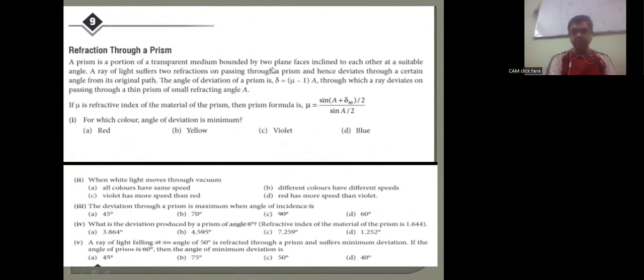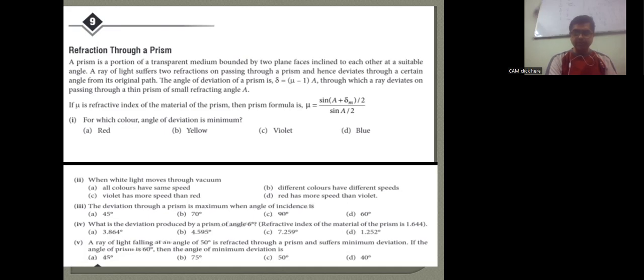Now come to the next case study, number 9. Refraction through a prism. A prism is a portion of a transparent medium bounded by two plane faces inclined to each other at a suitable angle. A ray of light suffers refraction on passing through a prism and hence deviates through a certain angle from its original path.